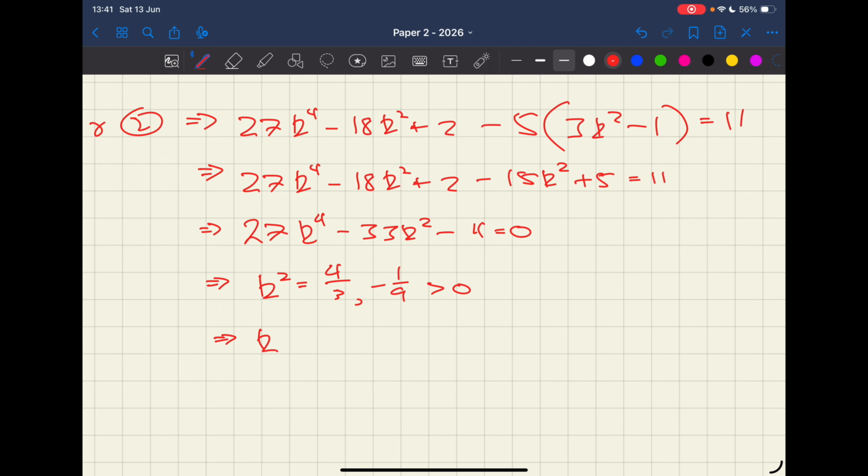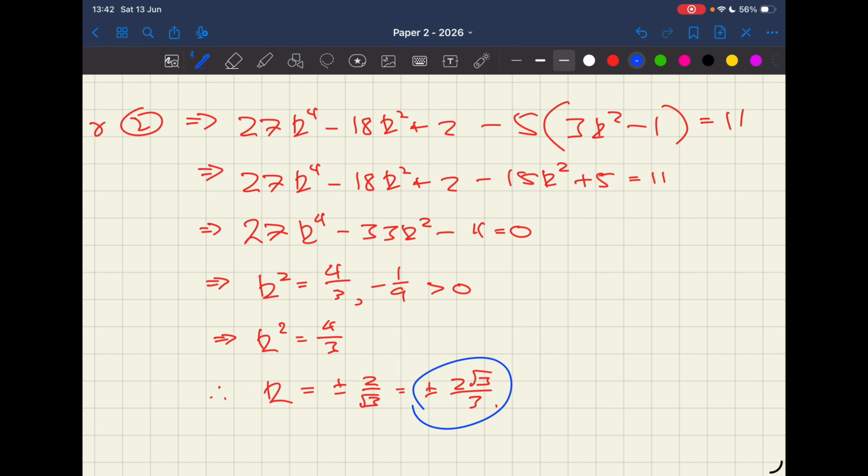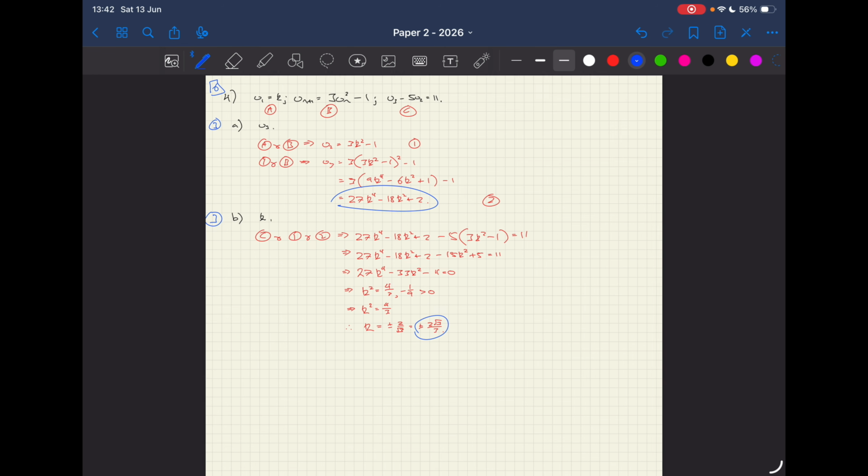So it tells us actually that k squared can only be 4/3. So final answer then, k is going to be equal to plus or minus 2 on root 3, which if we times top and bottom by root 3, will be plus or minus 2 root 3 on 3. Does that match up? Does indeed. Lovely jubbly, that all looks good to me.